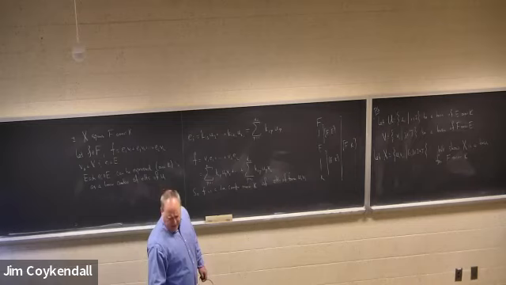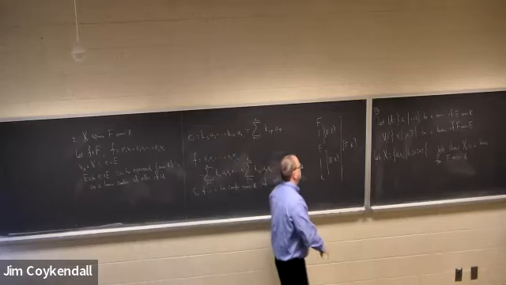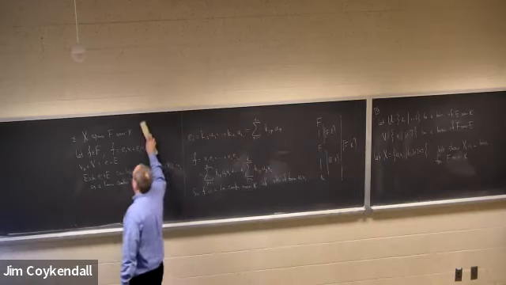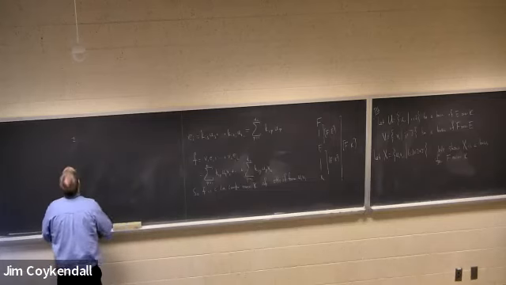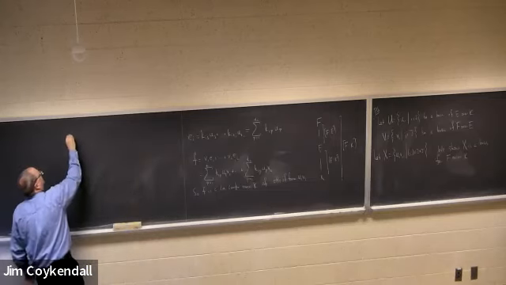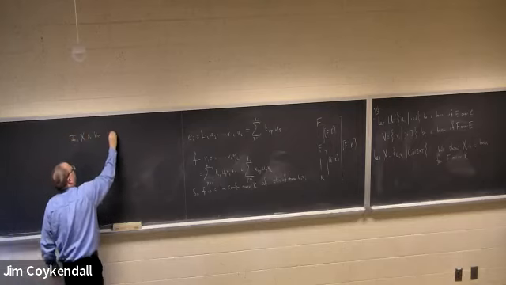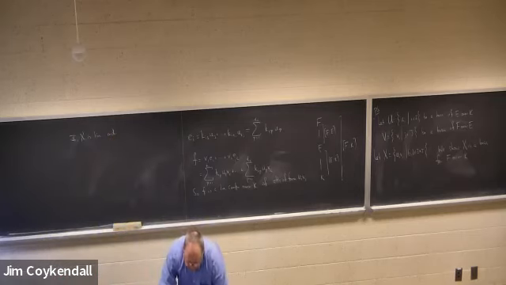Now, the next step we need is some linear independence here. We now need the set to be linearly independent. So claim 2. As far as bases go, we showed it spans. Now we need to show that it's linearly independent.